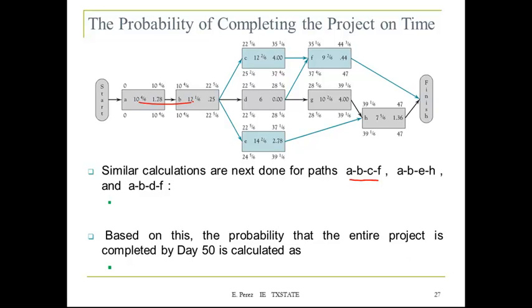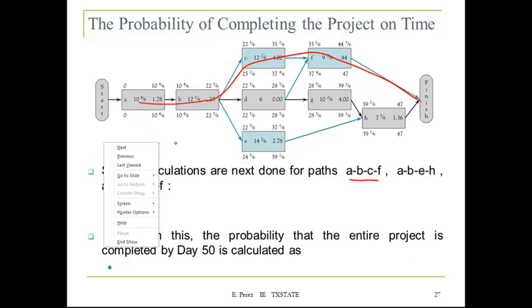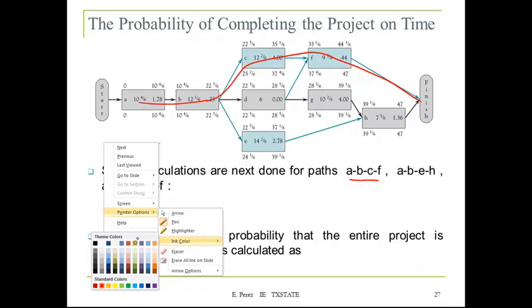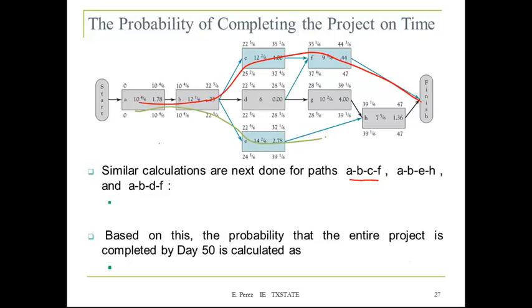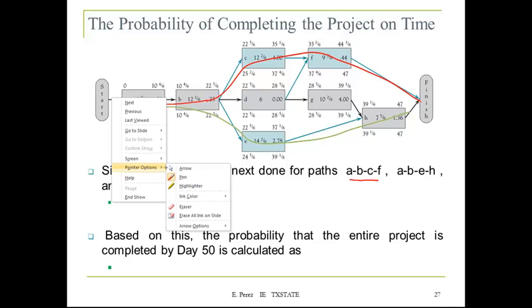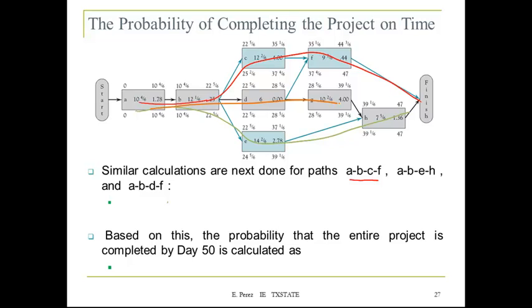So that's going to be this one, C, F. And for A, B, E, H. And we already have the computations for this one.